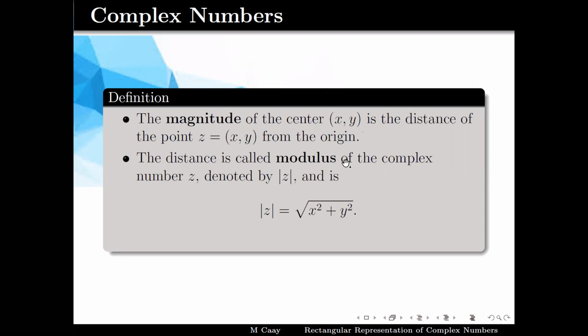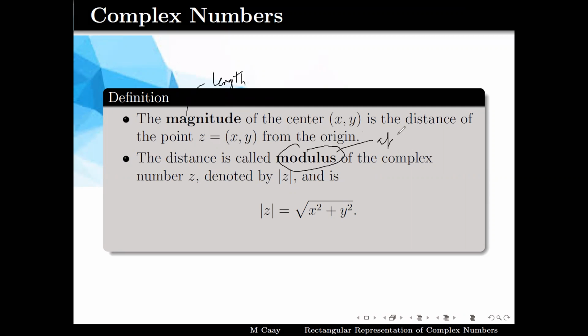The distance is called the modulus of the complex number z and is denoted by the symbol |z|, and you have this equality. Technically, your magnitude is actually the length. Your modulus is actually an absolute value because it's a distance.